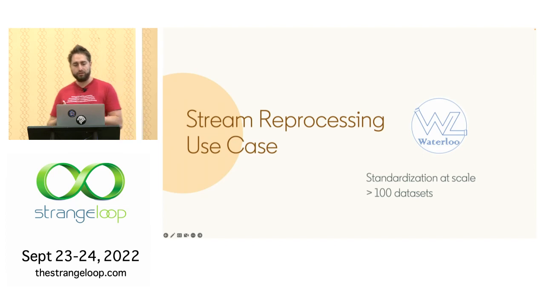An example of that, a use case, is our Waterloo platform that we have internally, which powers all of our standardization use cases. So this is an ML classification use case, like standardizing people's titles, companies, and many other characteristics. There are more than 100 Venice data sets powered by this that leverage reprocessing.